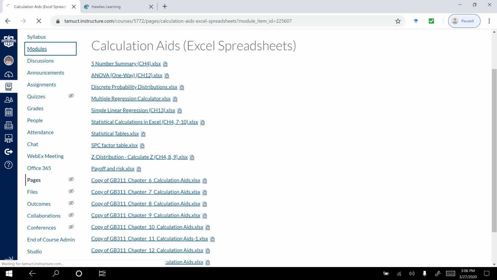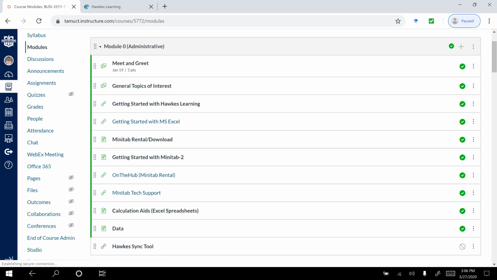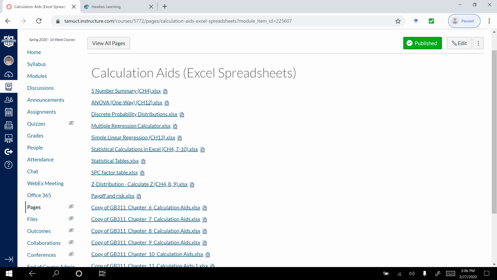You can go to modules of your class and then go to calculation aids and download statistical tables.